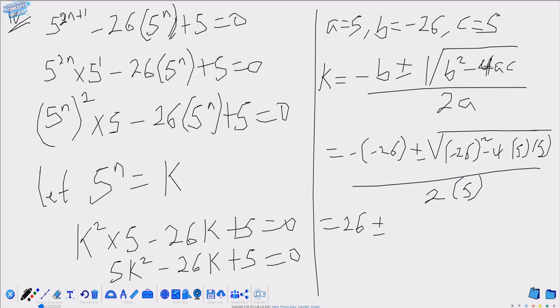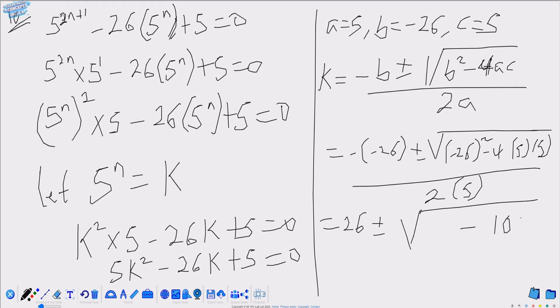Okay, so 4 times 5 is 20, times 5 is 100.